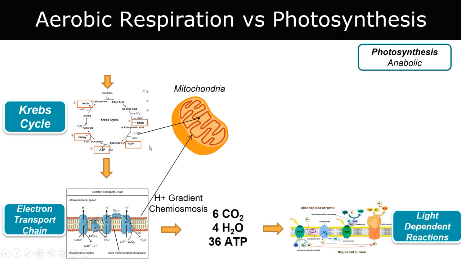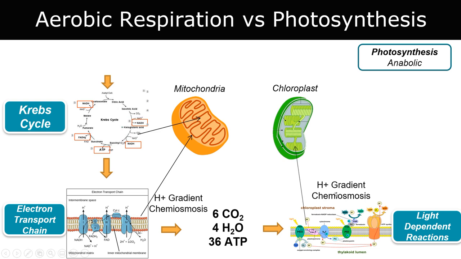photosynthesis. And again, I'm just doing this to point out that there are pretty big similarities between these two different electron transport chains, that in each case I am doing some sort of either oxidation or reduction reaction.